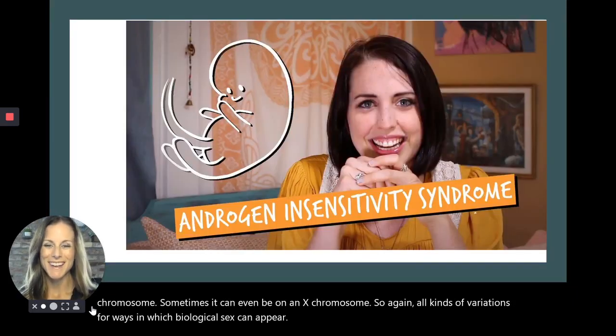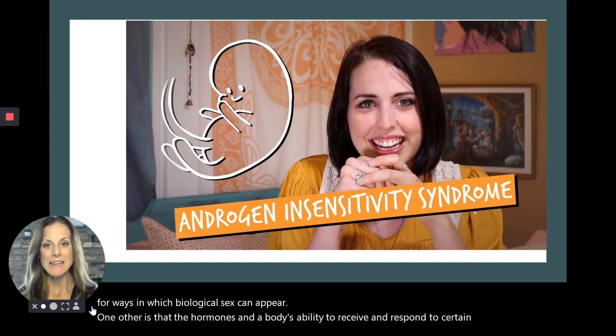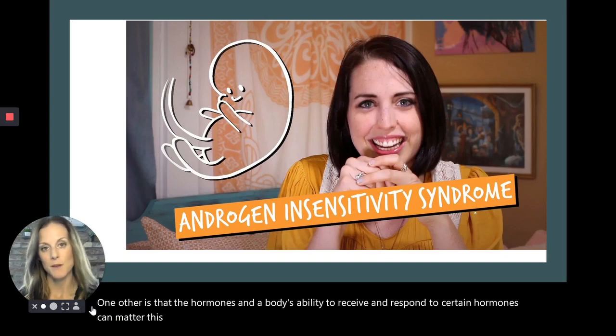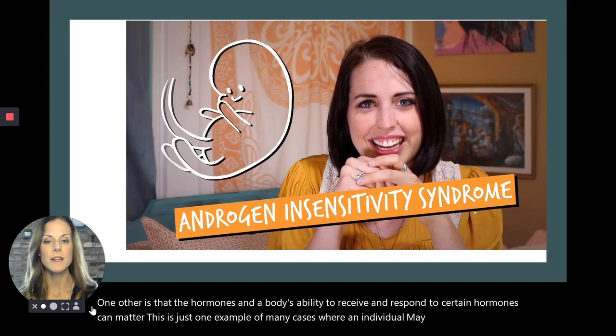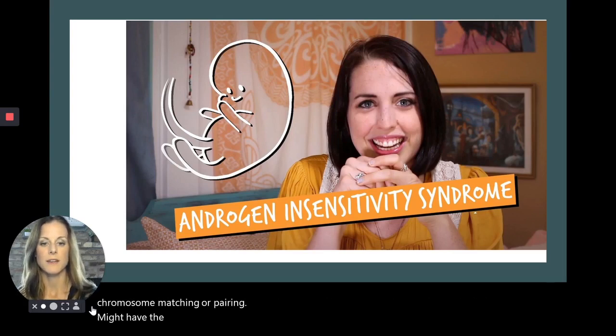One other is that the hormones and a body's ability to receive and respond to certain hormones can matter. This is just one example of many cases where an individual may have a typical sex chromosome pairing and might have the SRY, so this individual has an XY sex chromosome.